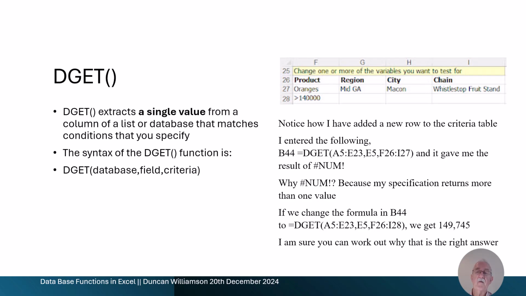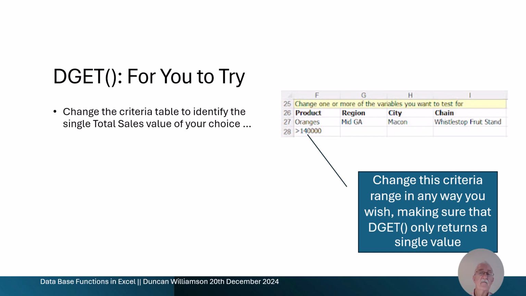And if we change the formula in B44 to this, we get 149745. And I'm sure you can work out why that's the right answer. One single solution. And try this then. Change the criteria table to identify the single total sales value of your choice by changing the criteria range in any way that you wish, making sure that DGET only returns a single value.